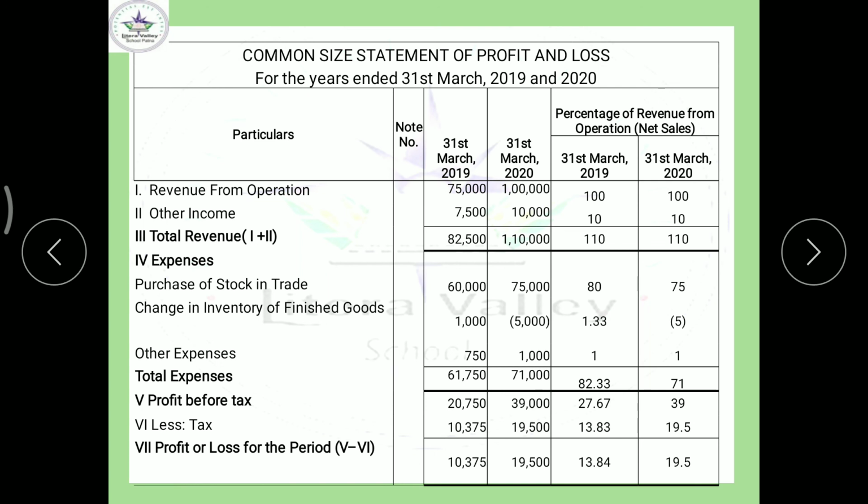If you remember them, it will really help you. Common size means vertical analysis, and comparative statement means horizontal analysis. So try to solve this type of question. Keep practicing these things. Till then, goodbye.